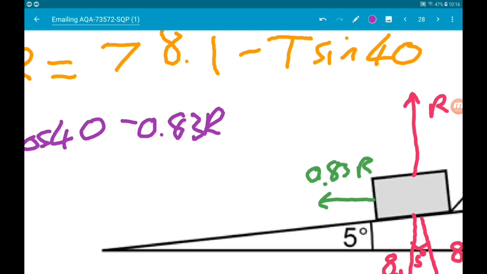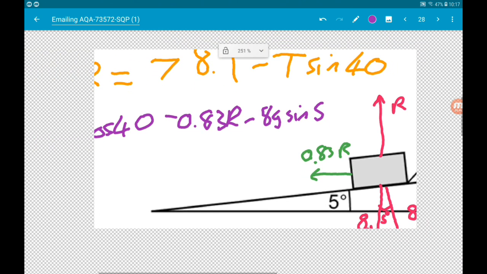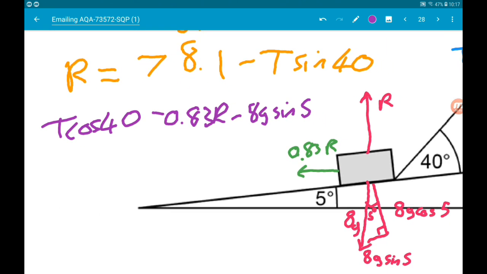So minus 8g sine of 5. Now we know that that is equal to mass times acceleration.